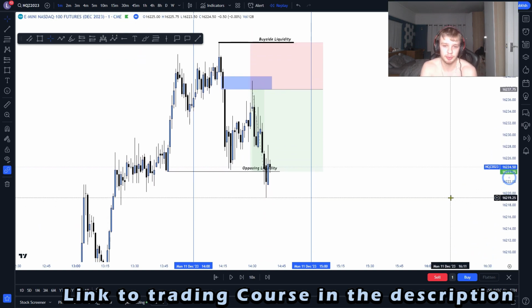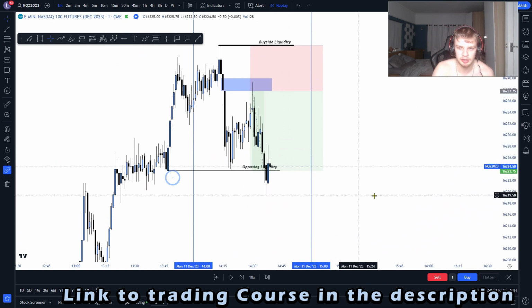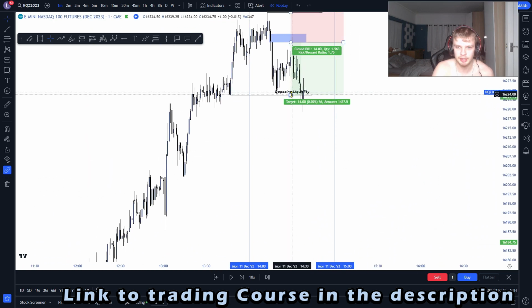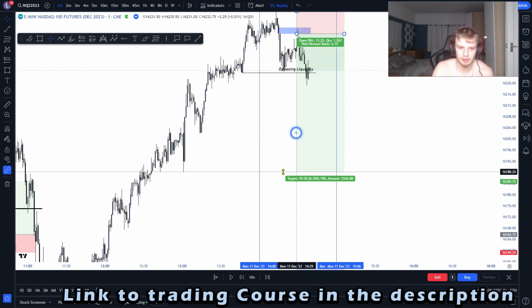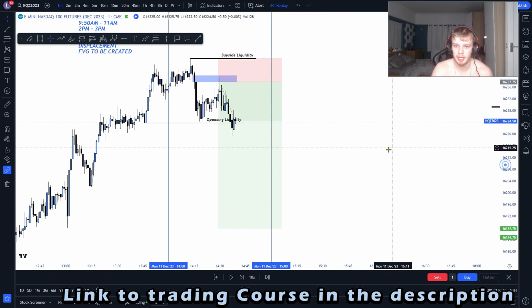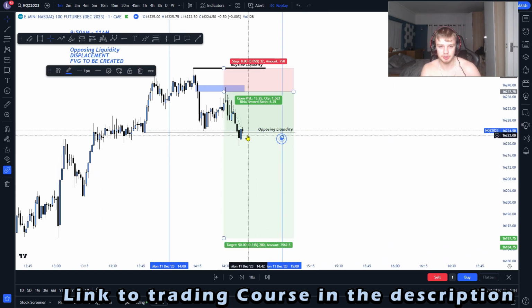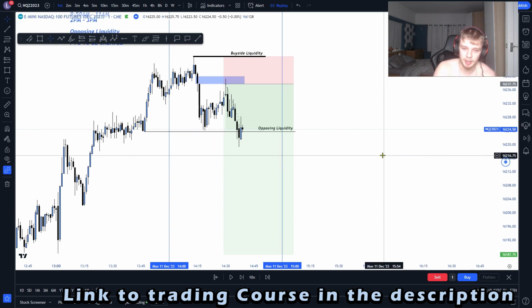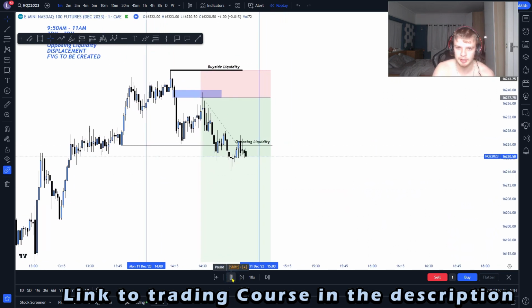Now what you could do is, as this is just a close internal liquidity, you could leave runners and target down here, which is the next liquidity, or all the way down here, which is even lower liquidity from 1 p.m. You can do that, but I would always recommend to take most of your position off right here, at least 80-90%, because price could always come back.